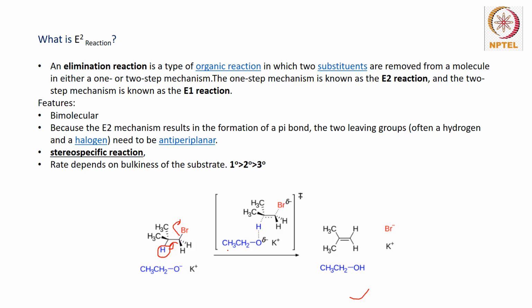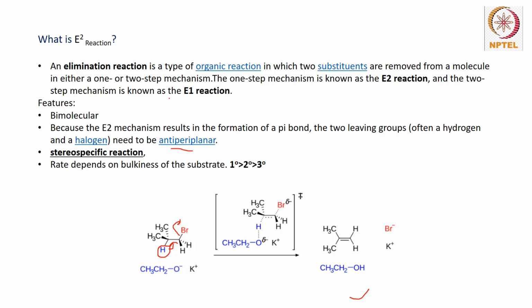This word is very important. In some interviews also, professors usually ask what is the basic feature of E2 elimination. So that is anti-periplanar. If it is not anti-periplanar, E2 elimination won't take place. You can explain if you want.